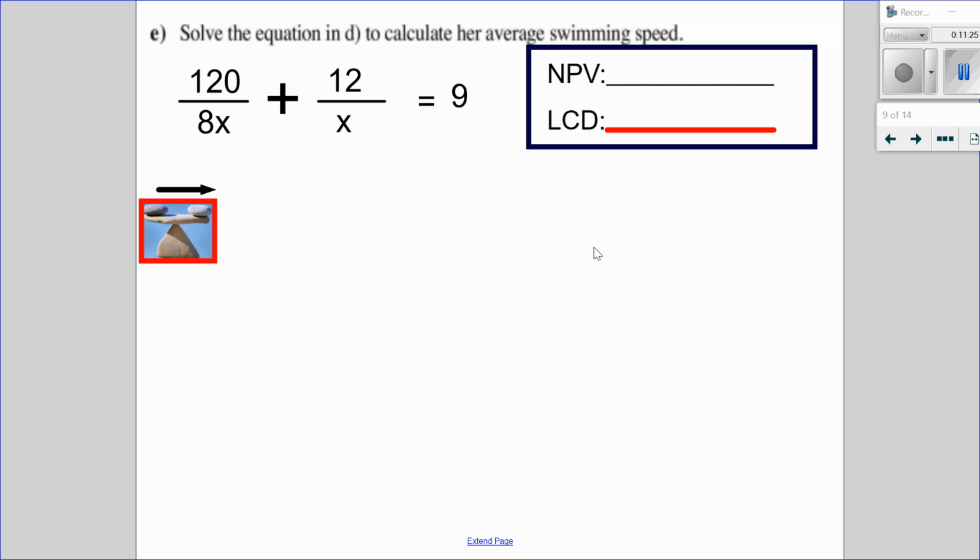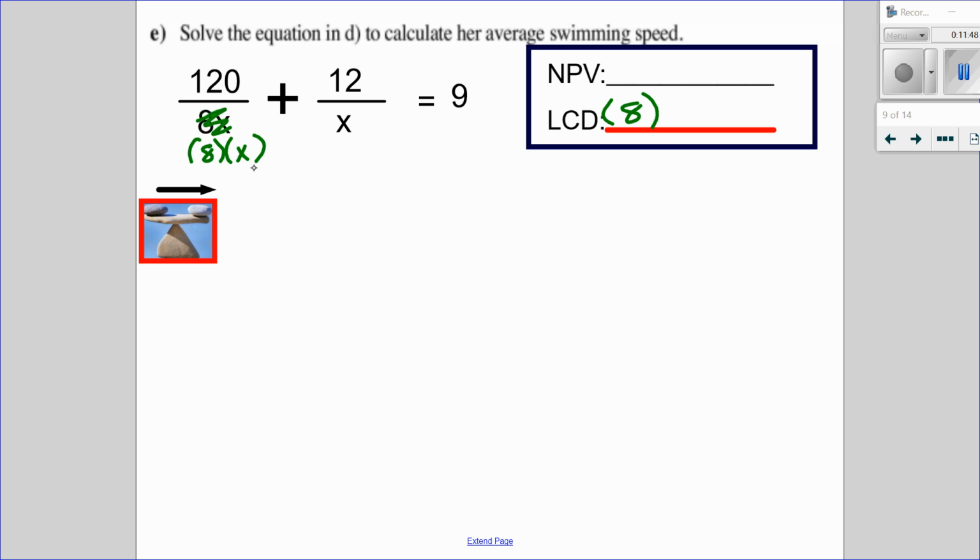I don't have a fraction equal to a fraction, so I have to use balance. Let's look at what we can do here. For 8x on the denominator, I'm going to rewrite that. Instead of 8x, I'm going to write it as 8 times x. To get rid of a divide by 8, I would multiply by 8.